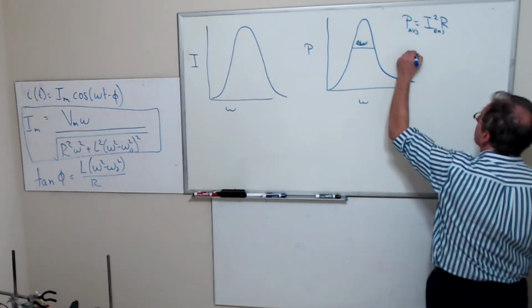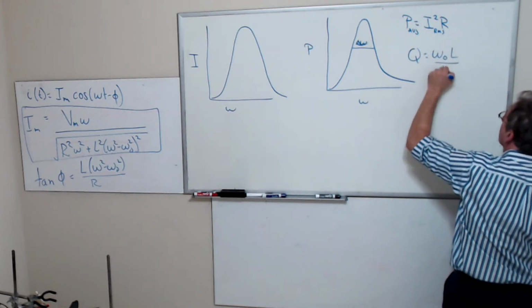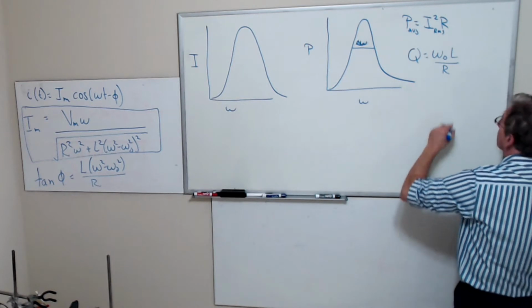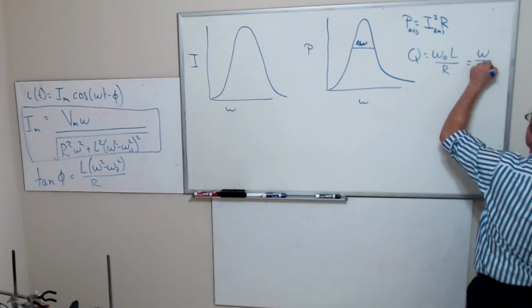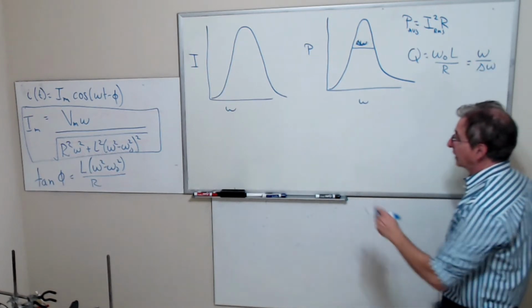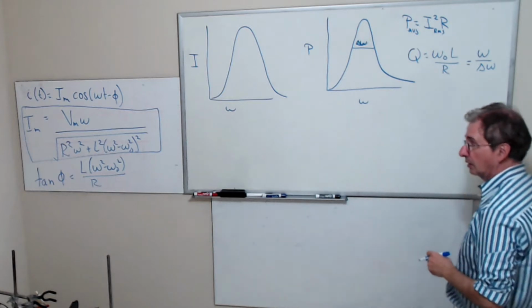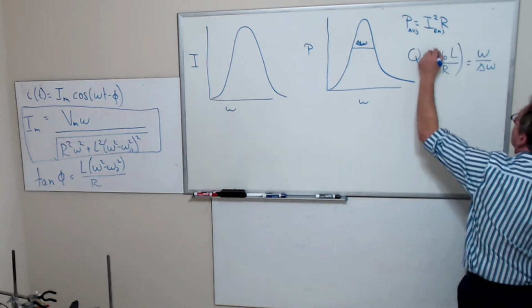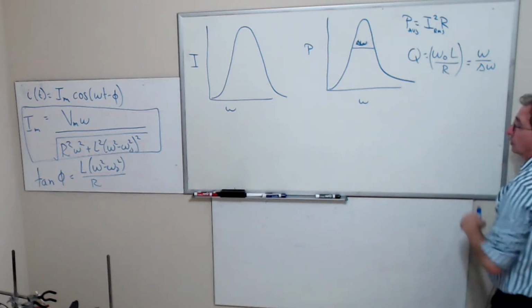If you remember, the quality of the circuit is omega naught L over R. For this graph, it's also equal to omega over delta omega. That's not the case here because the width is different. So Q at omega naught is omega naught L over R, which is omega over delta omega.